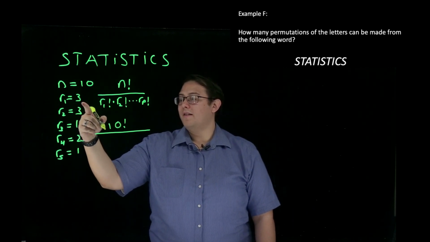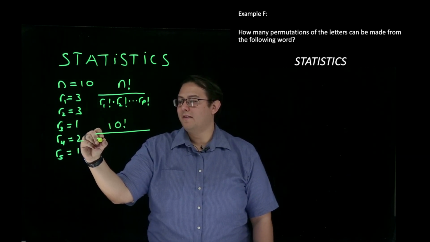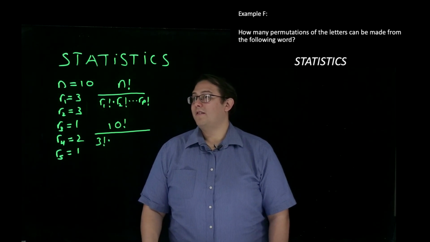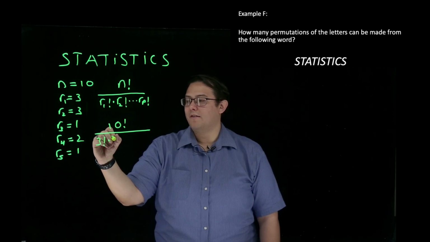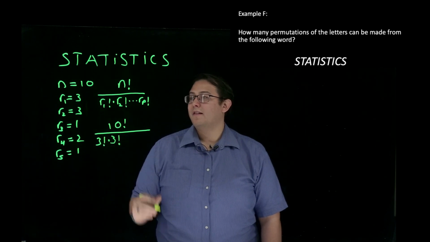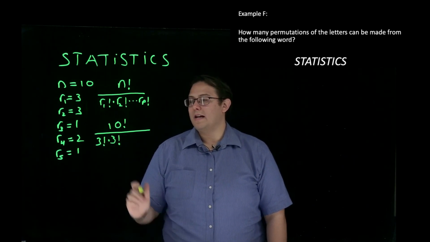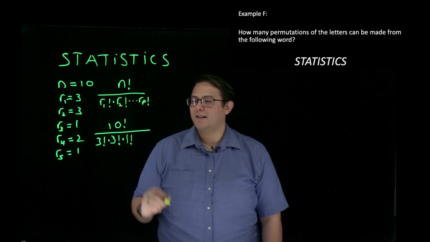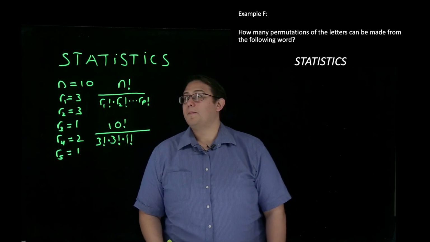R1 is 3, the number of times S repeats, 3 factorial, times the number of times T repeated, which is another 3 factorial, and then times the number of times A repeated, which is only 1. So you don't really need to put the 1, but I like to put it there as a check.